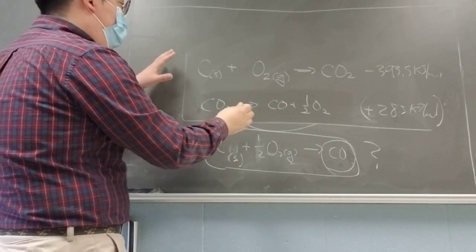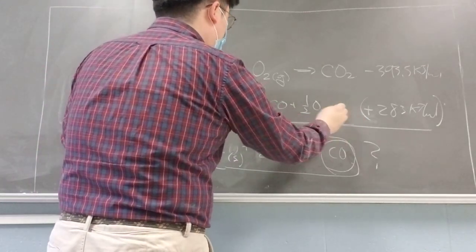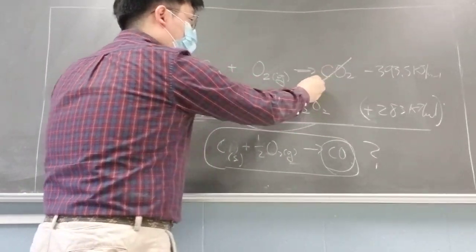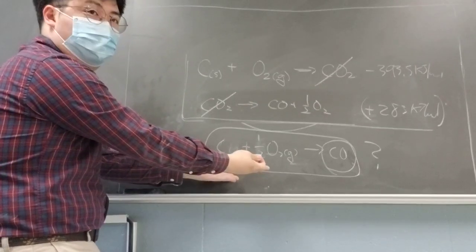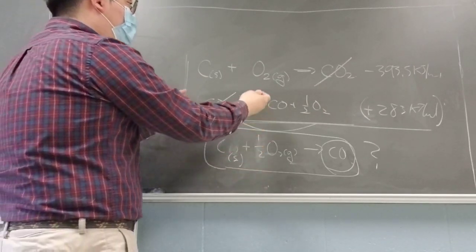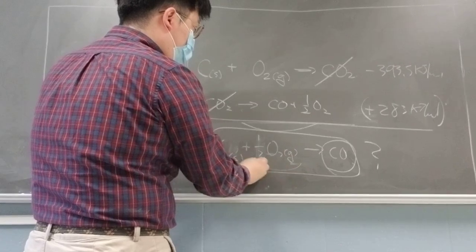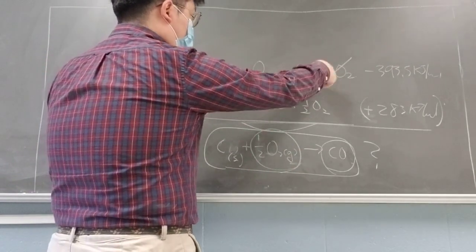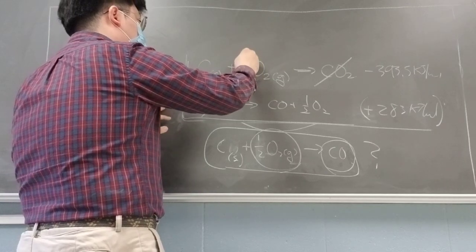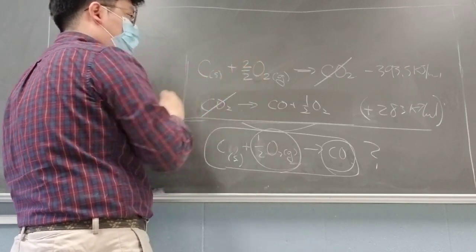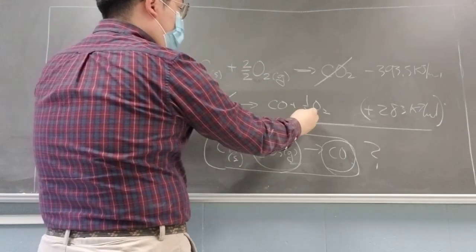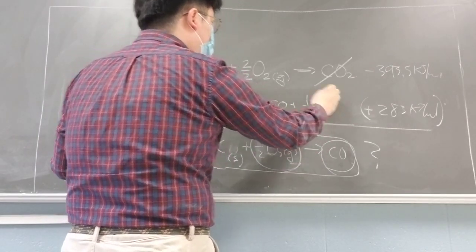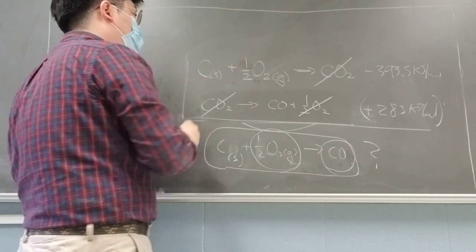And then when you combine these two, obviously you have this one cancel, right? So there's no more carbon dioxide in the final. But also another thing here is this one. If you look at this one here, it's a 1, 1, 1, right? So then this is the same as 2/2. Okay? And you have a half of the O2 right here. So this can be gone, and this can be just 1.